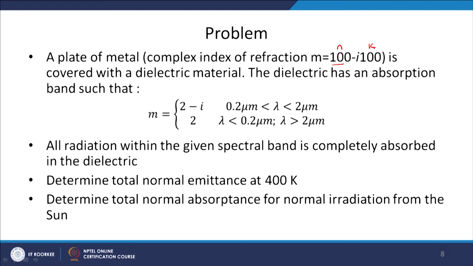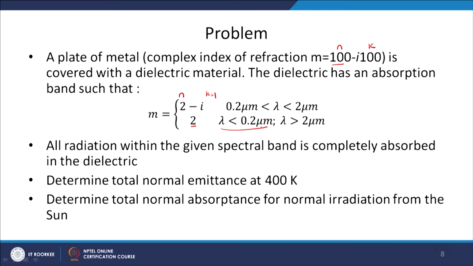The dielectric has an absorption band such that the complex index of refraction is 2 minus i, that is k equal to 1, for the wavelength range 0.2 microns to 2 microns, and it has a value of 2, that is k equal to 0, for the wavelength range lambda less than 0.2 microns and lambda greater than 2 microns.